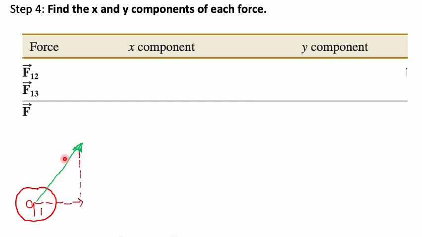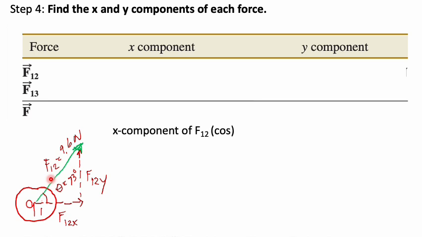So, this is F12, which is equivalent to 9.6 newtons, as we have calculated using Coulomb's law a while ago. This is the angle, 73 degrees. This is the X component and the Y component of force 1, 2. Okay? So, again, to get the components, we are going to use trigonometric functions.